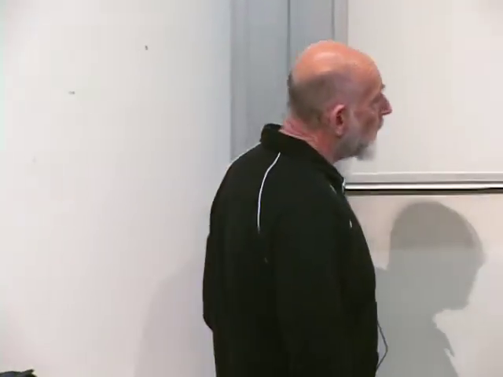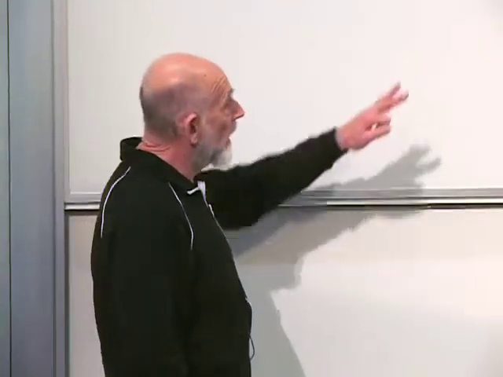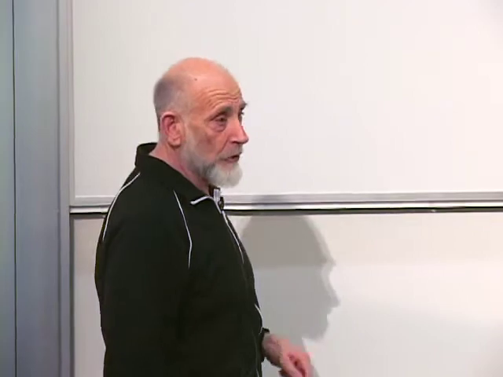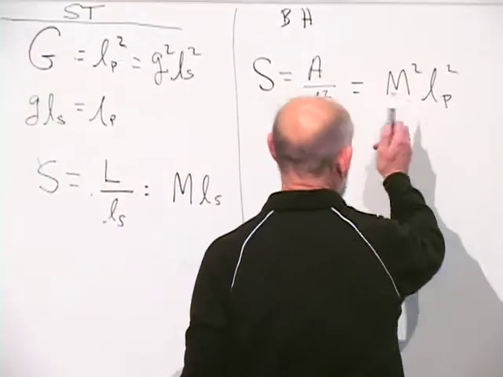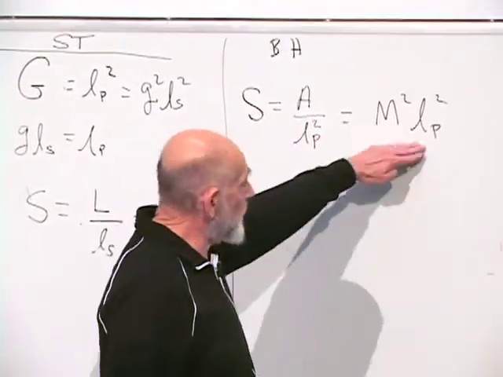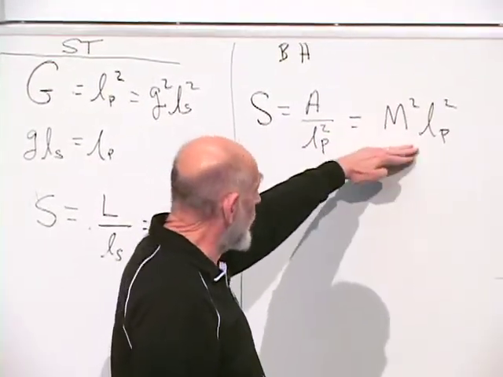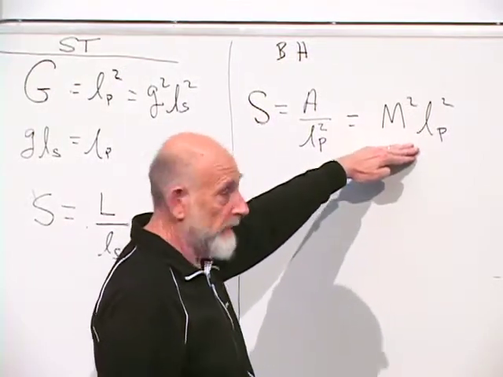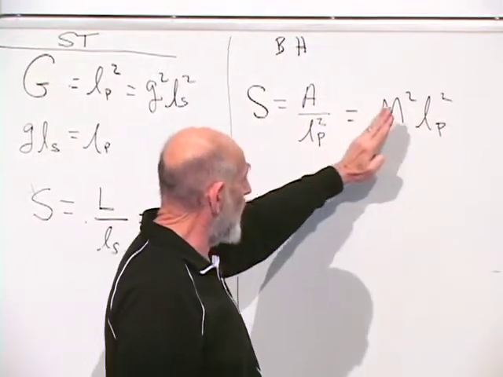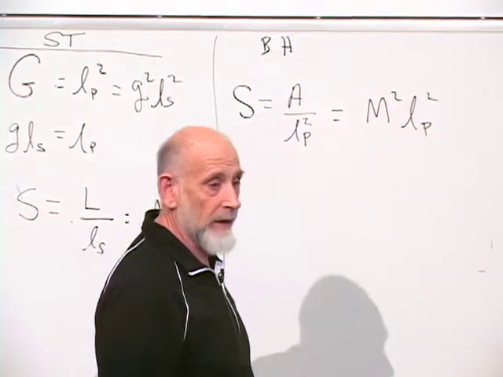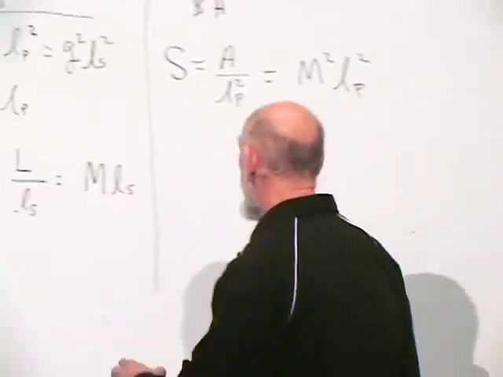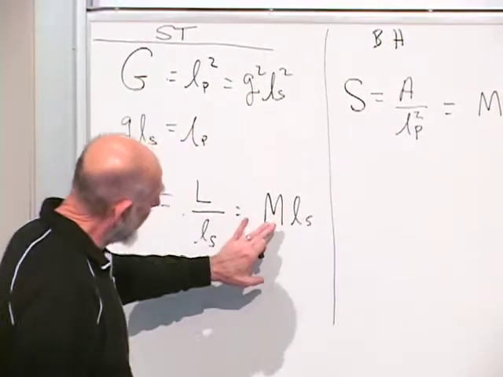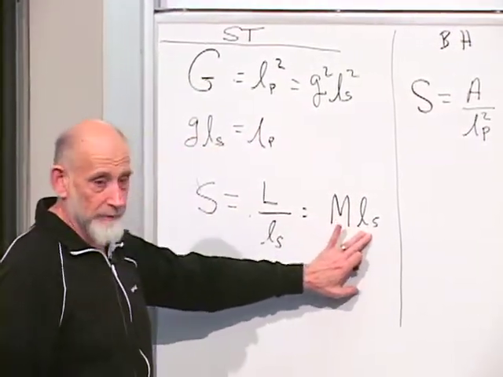All right. The first thing has to do with the entropy of a black hole. I'm not going to use this formula, because that's the formula I'm going to try to prove. The target is to prove this formula, that the entropy of a black hole is m squared L Planck squared, using the fact that the entropy of a string is m times L string.